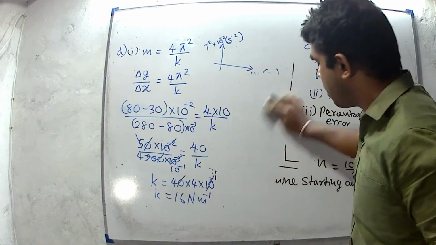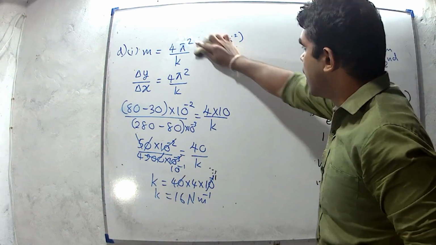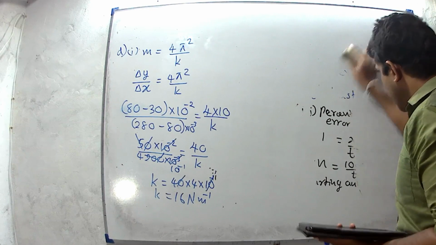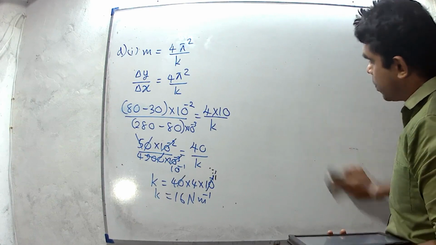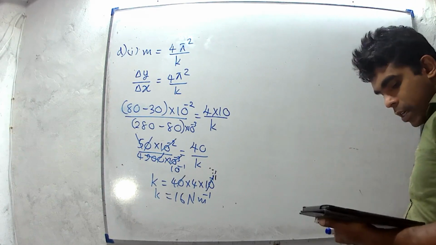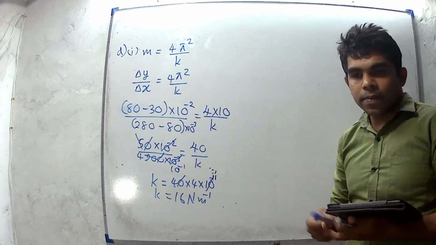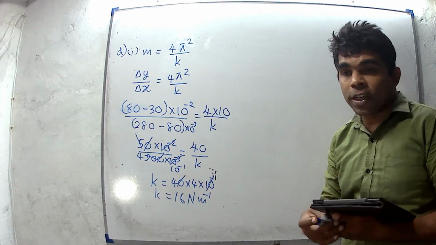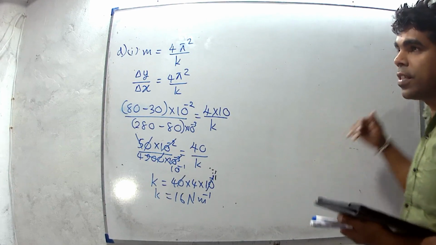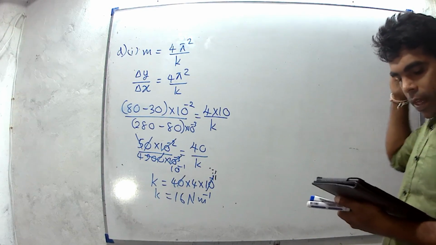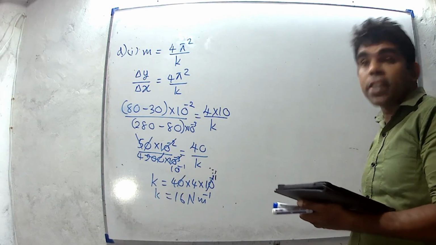Y equals mx means the intercept should be 0, and the gradient should be a positive constant value. Now, when considering the given graph, there is a straight line, therefore it has a constant positive gradient. But there is an intercept.